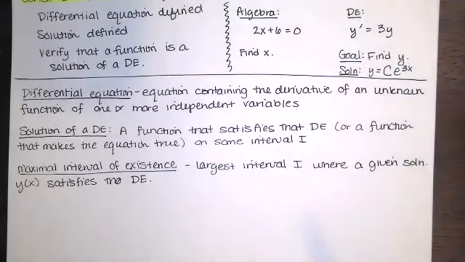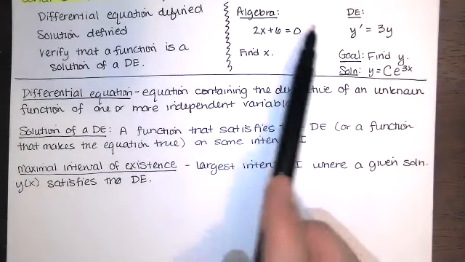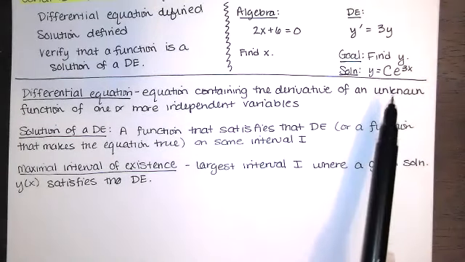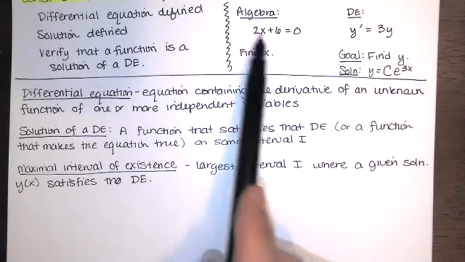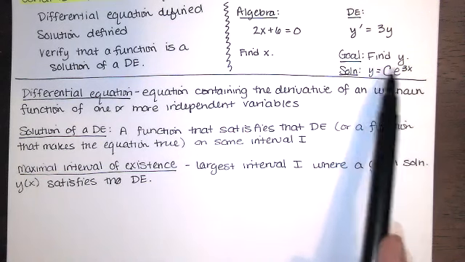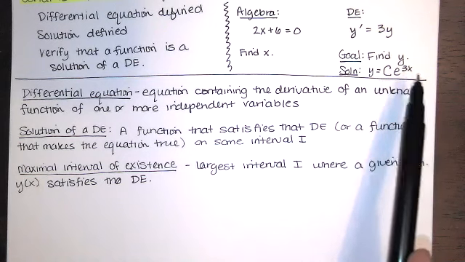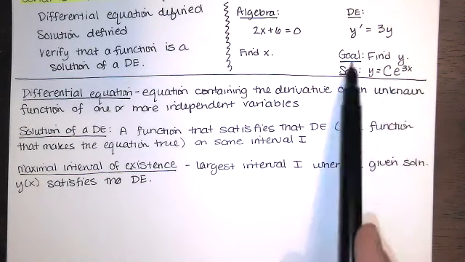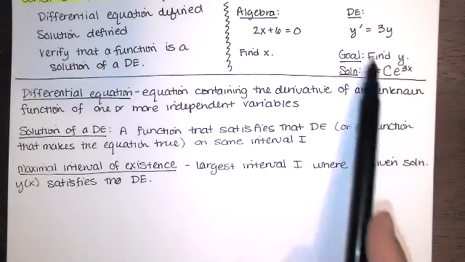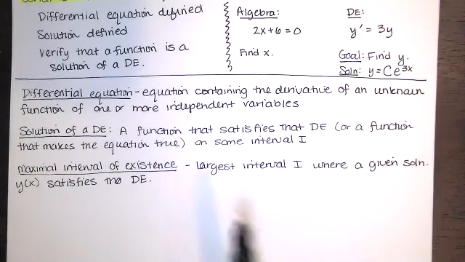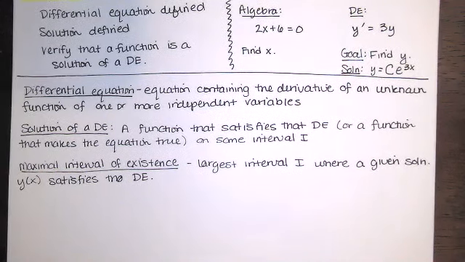So x equals 1 is not a solution of the algebraic equation. If I want to determine if this function is a solution, all I have to do is the same thing. I just plug it in. I take its derivative, I substitute into the left-hand side, I substitute into the right-hand side, and if the left-hand side equals the right-hand side, then it is a solution of the differential equation.